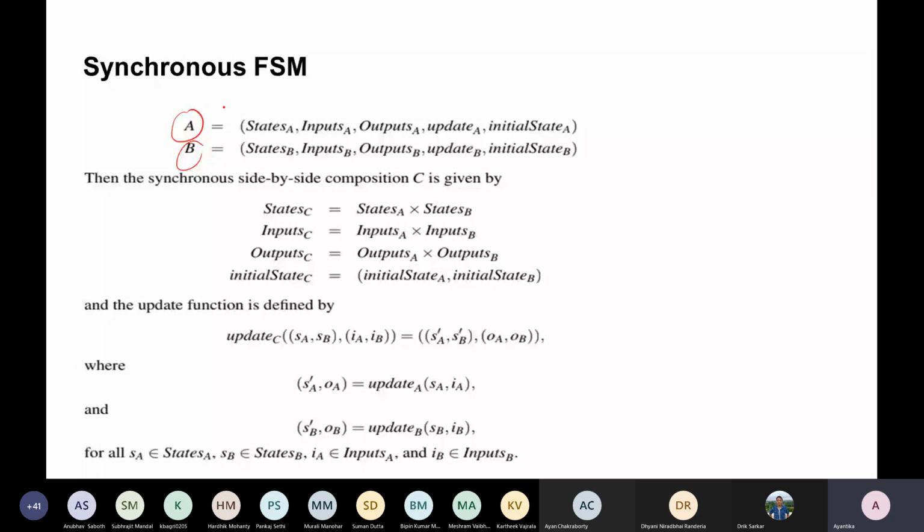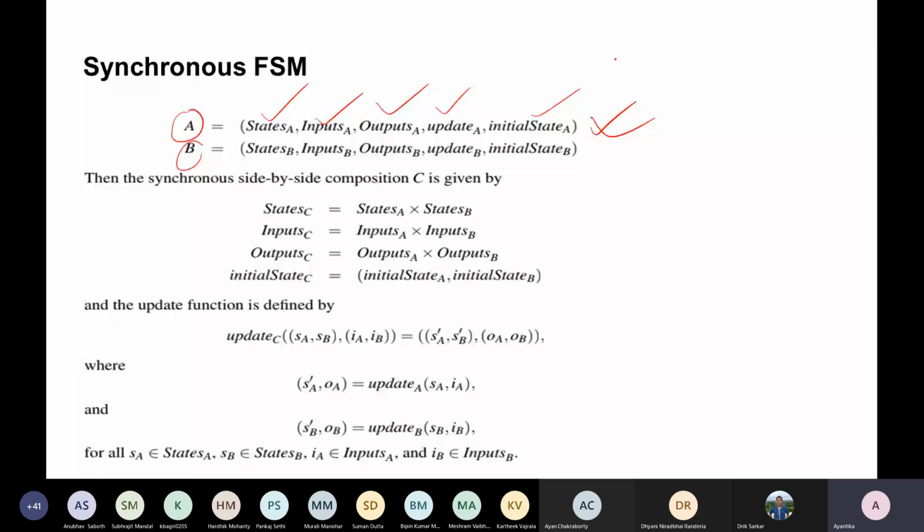Remember, according to the basic definition, a finite state machine is a 5 or 6 tuple. Here we are coming from the basic definition of FSM, where we consider the states, the inputs, the outputs, the update, that means the transition conditions, and the initial states.